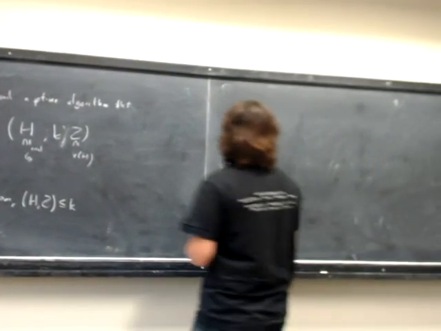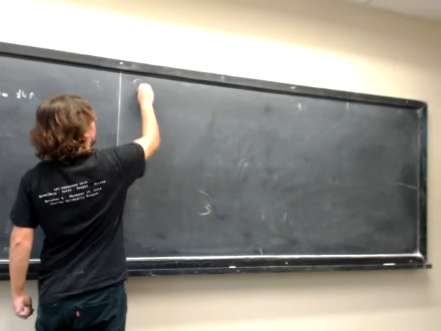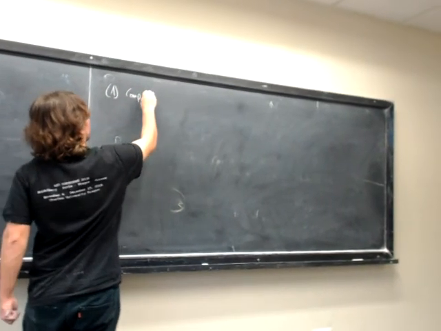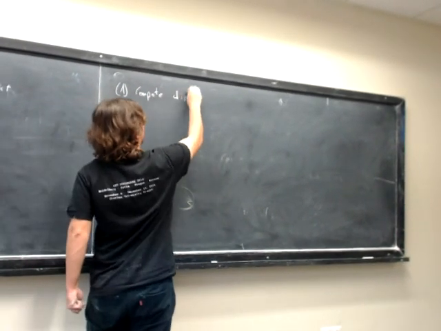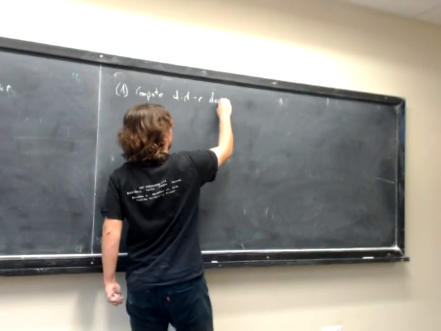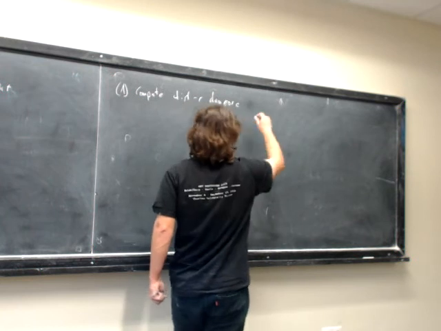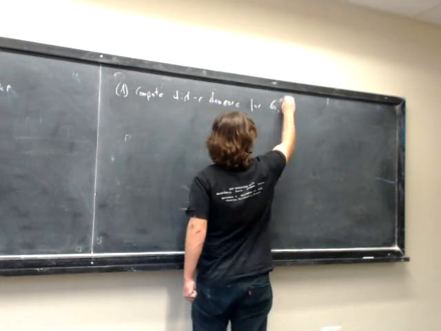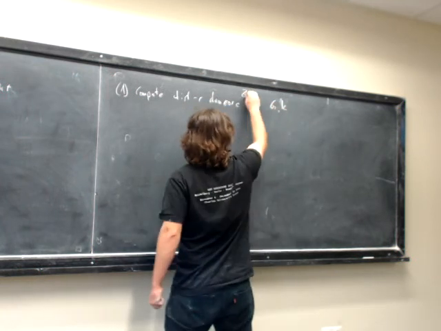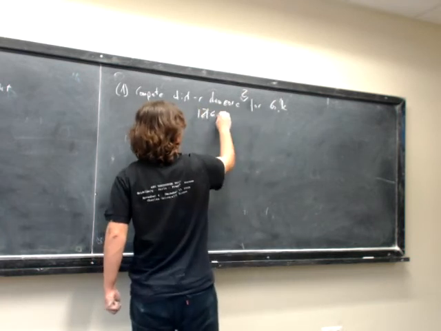So first of all, compute distance r domination core for G and k. And this is Z, and the size of Z is at most g of k.